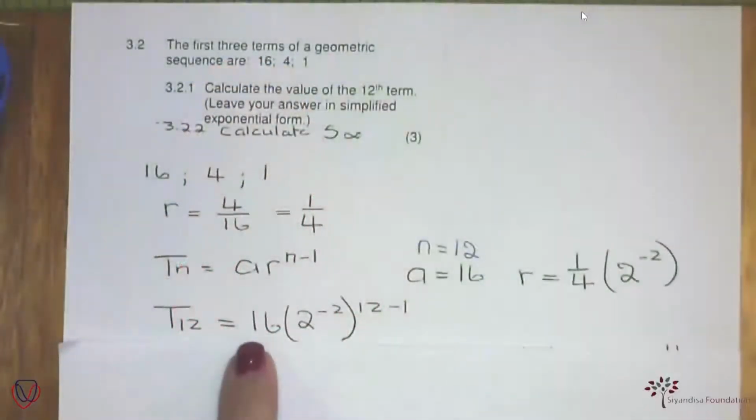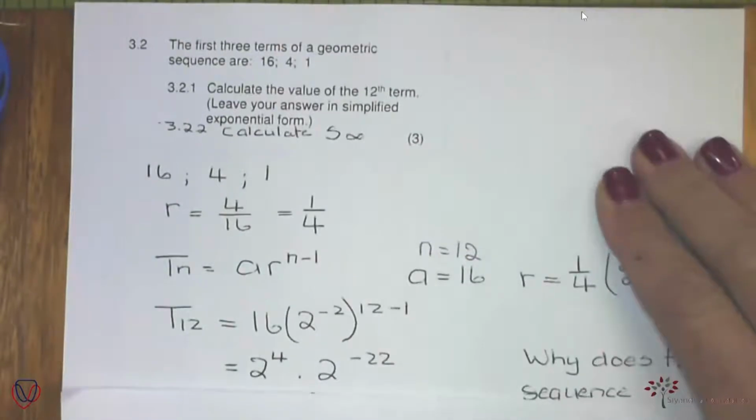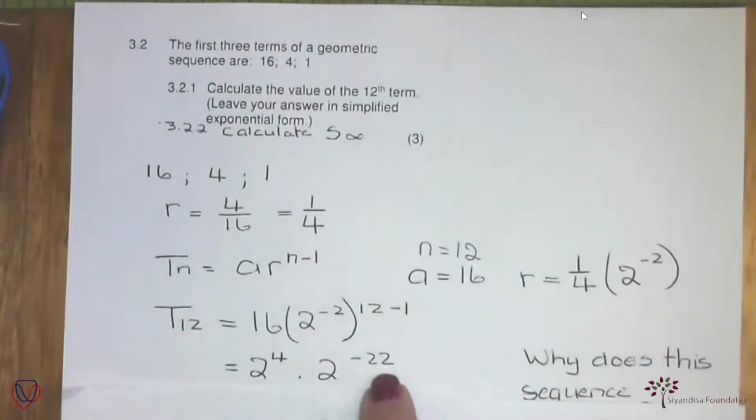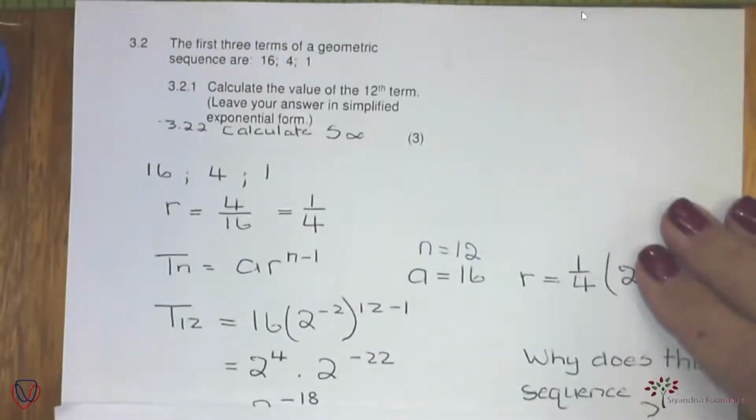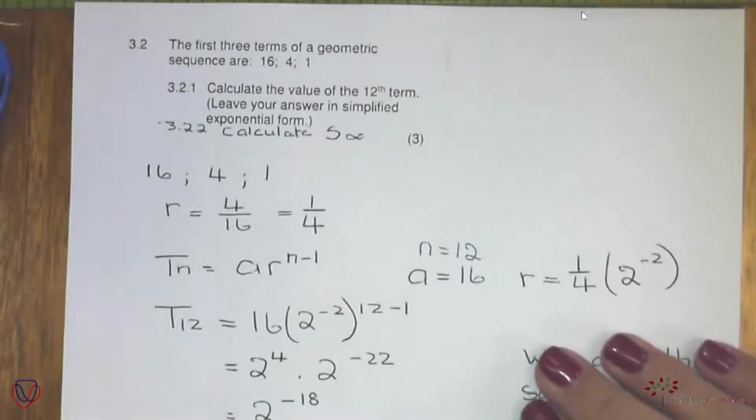12th term, 16 times 2 to the power negative 2 times 11. So this is going to give you 2 to the power negative 22. It's 11 times 2. Why? Okay, I'll come back to that question there on the right-hand side. And this 2 to the 4, plus that one, is going to be negative 18, because this is negative and that is positive.